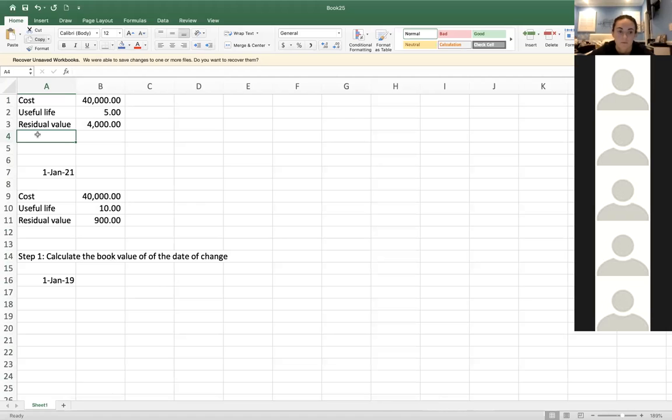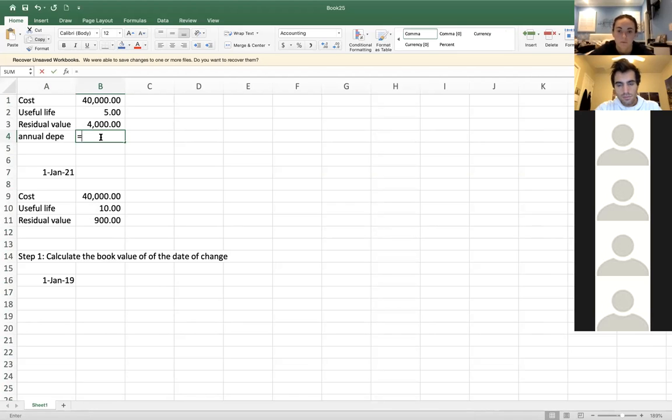What would be my annual depreciation under the assumptions? 7,200. Let's see. My numerator is the 40,000 minus the residual value. And then I would divide that by the useful life. So the annual depreciation is 7,200.